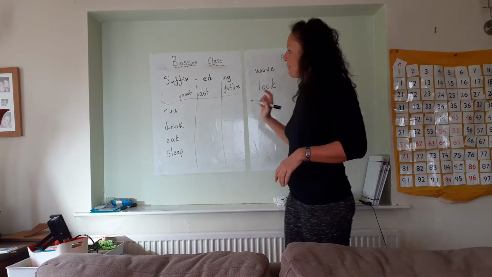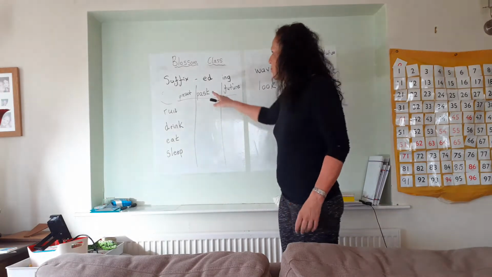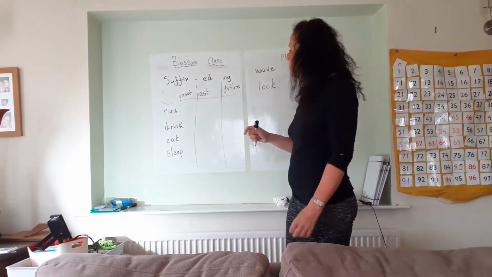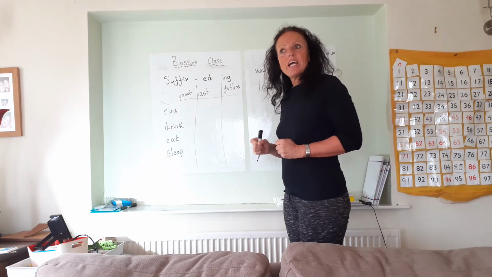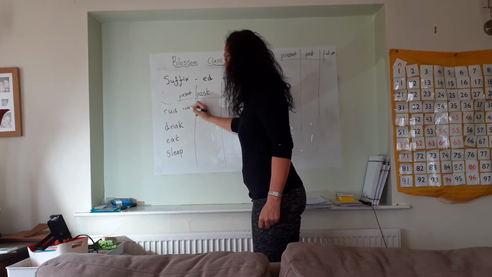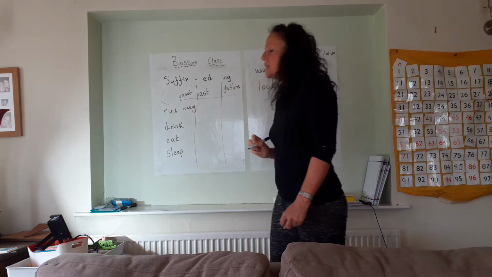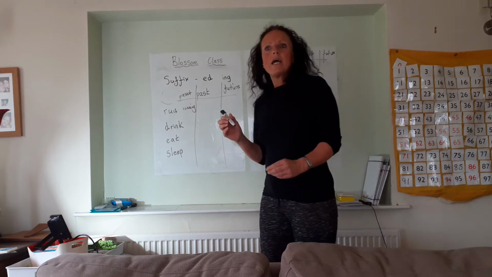So let's now think, because some of these are actually exceptions to the rule where you wouldn't add that, okay? So if you think run, at the moment, I am running. So I would put running there. Now, if I think that yesterday, I runned.